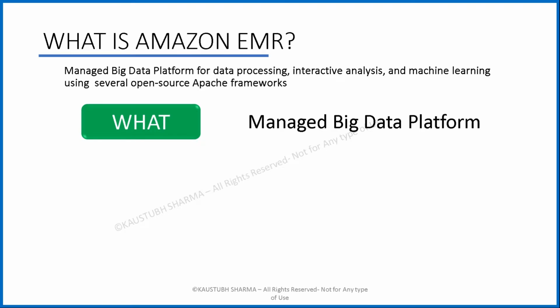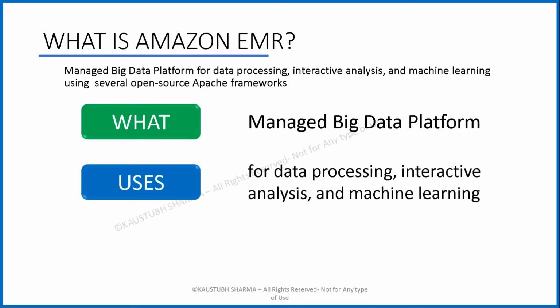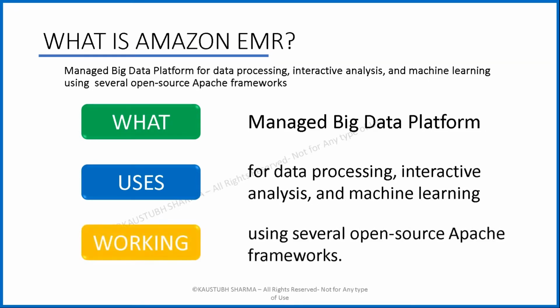The second is data processing, interactive analysis and machine learning, which signifies the uses of Amazon EMR. And the last is using several open source Apache frameworks, which signifies the working of Amazon EMR.